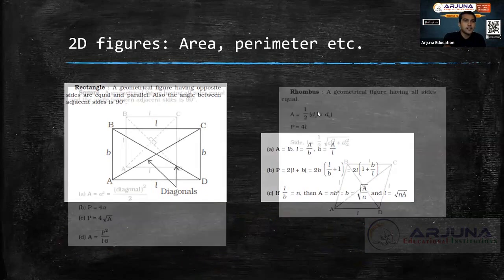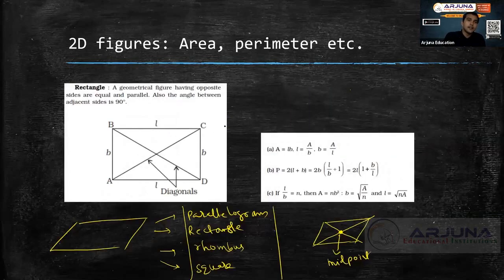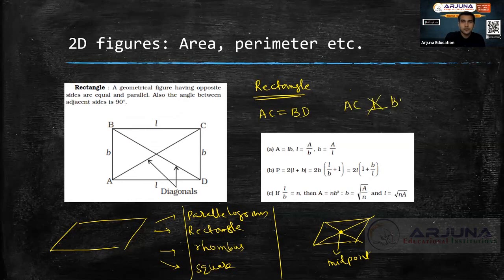Then we have square. For a square, all the sides are equal. For a rectangle, another thing is the diagonals: the lengths of the diagonals are equal, that is AC is equal to BD, but AC is not perpendicular to BD. If AC and BD are perpendicular, then you get a square.